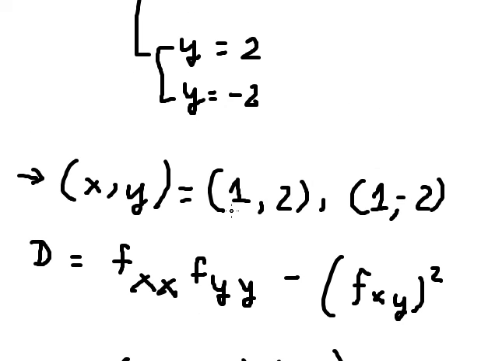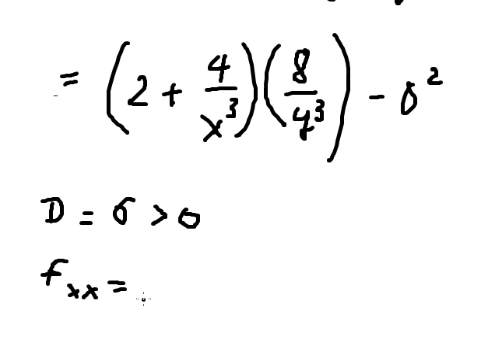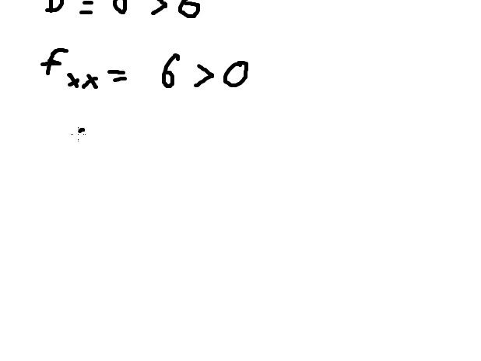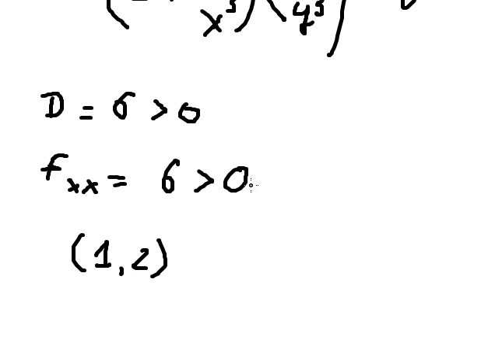So we put number 1 here, and we have number 6 is greater than number 0. So this point in here, we see that it is greater than number 0. So this is a relative minimum.